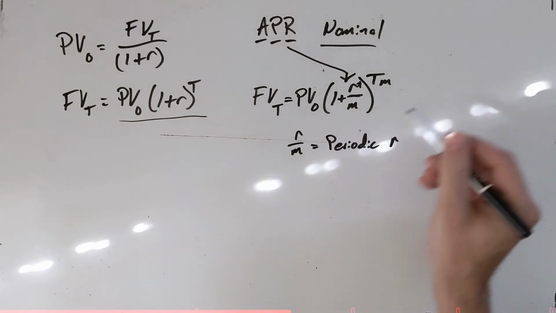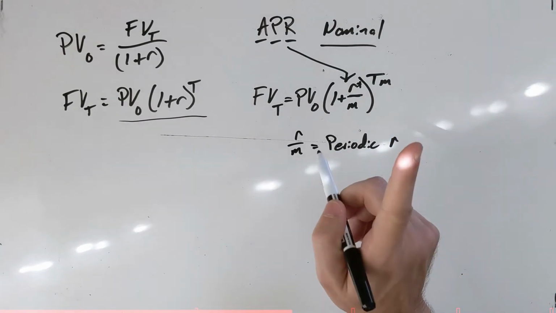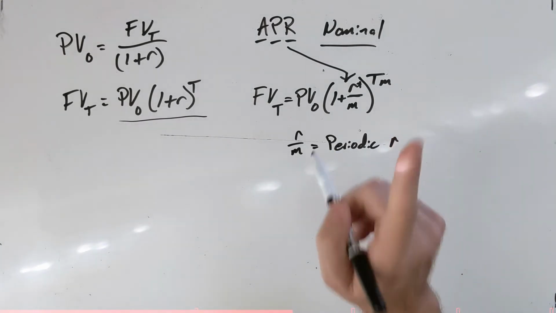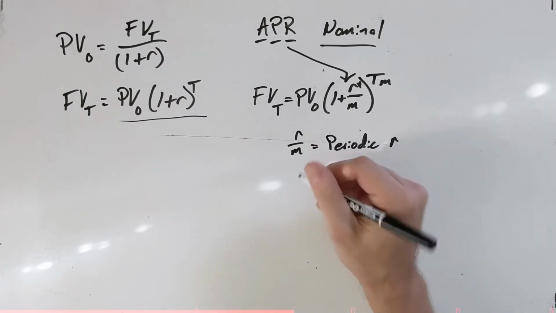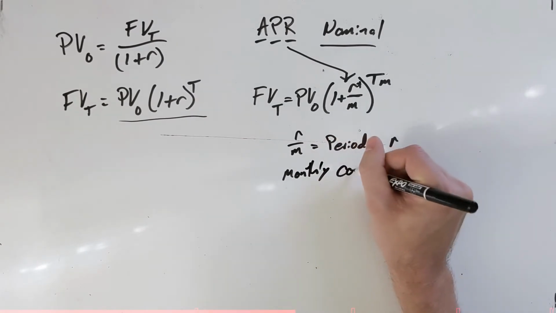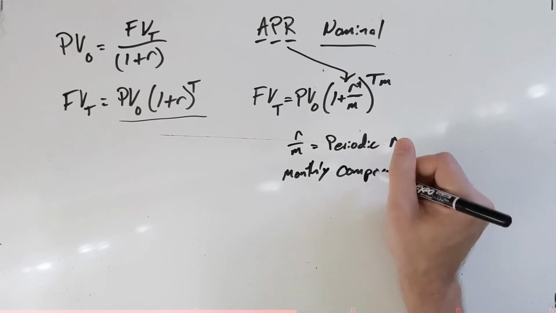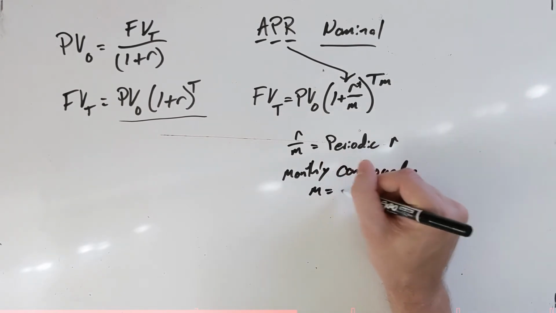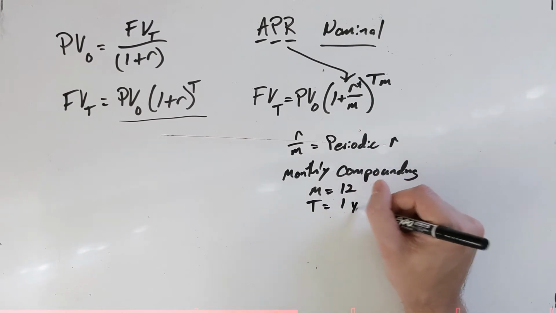Because there are actually, let's do a little example here. Let's say that there is monthly compounding. We're only going to leave the money for 1 year. Okay, if there is monthly compounding, well that is defined as m equals 12, t equals 1 year.